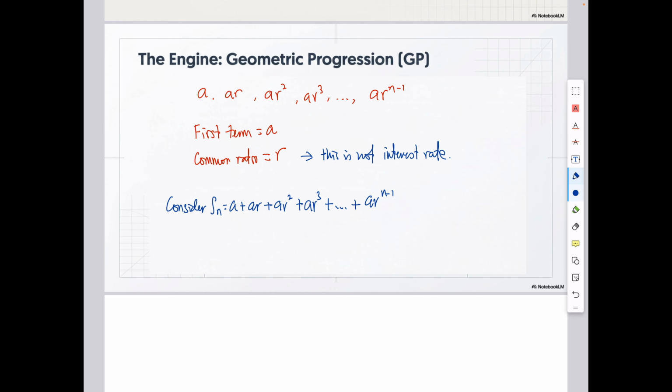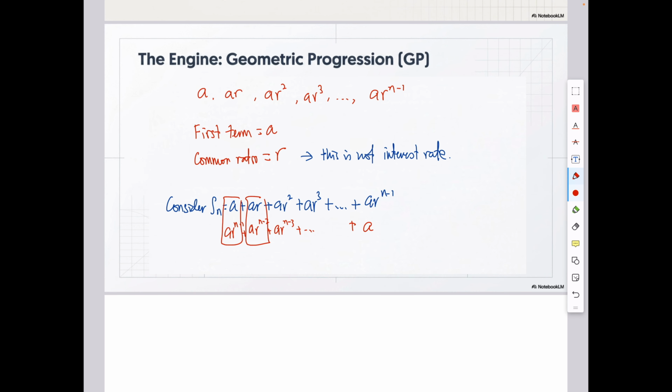But the way of doing this is not the same as what we did in AP, where I flip the whole thing over. When I add them together, I don't always get a consistent term anymore. So whatever method we have taught in AP doesn't work here.